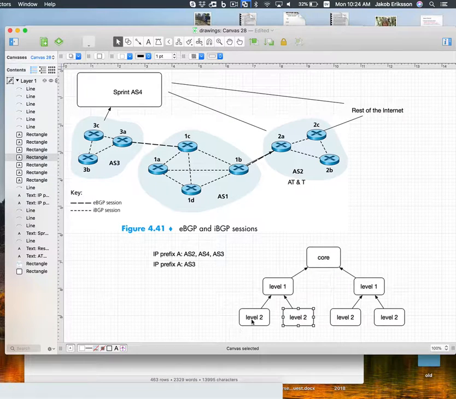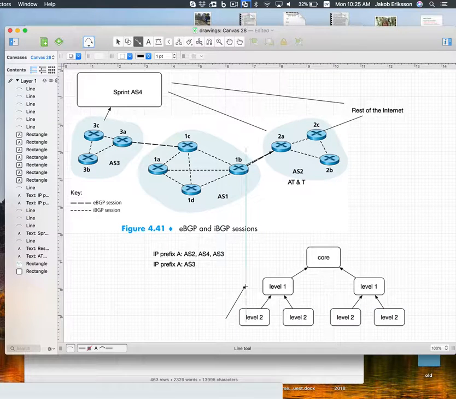And same thing, here are UIC and Urbana, down here. Actually, we're connected, so we'd be in one of these, but there might be other subgroups of level 2, which are purchasing service from some of these level 1 providers. So the general rule is you get to go up.